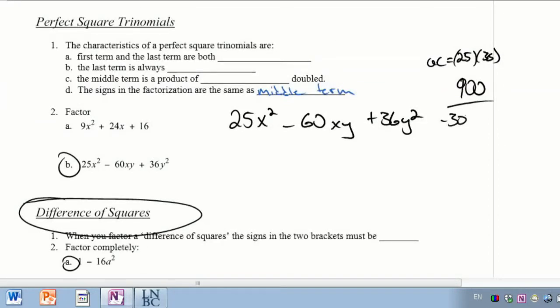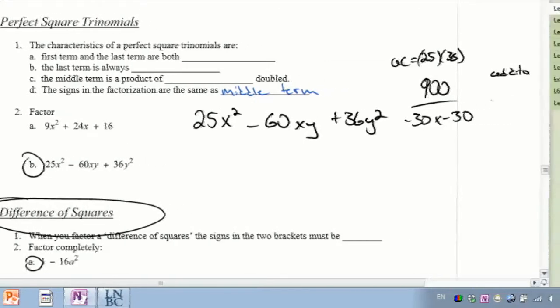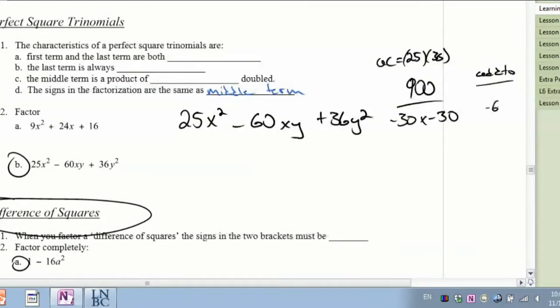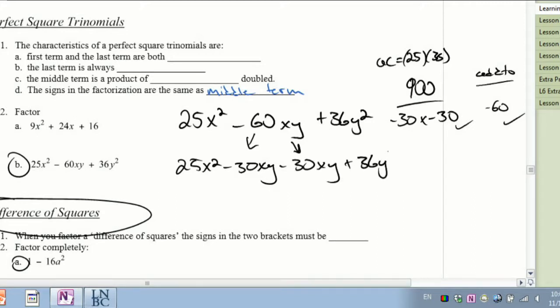So negative 30 times negative 30, and that's going to add to negative 60. So that's good and that's good. I can break down the middle term, decomposition like I normally would, and I can just do this question like I would do any other question. So 25x squared minus 30xy minus 30xy plus 36y squared.